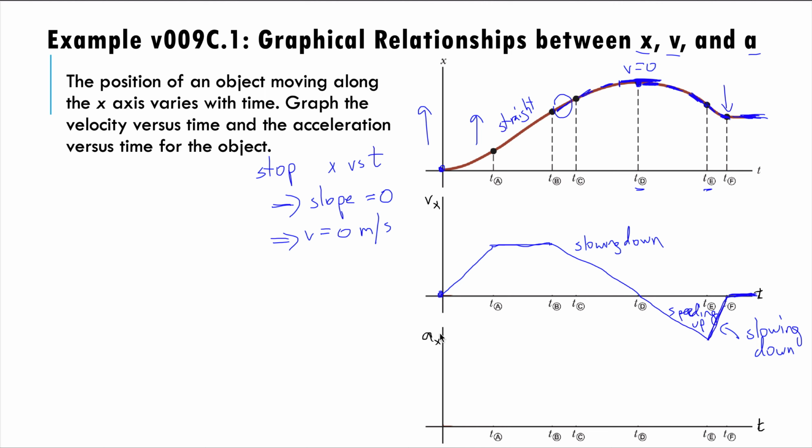All right, let's look at now what the acceleration versus t graph is going to look like. So we know that the slope of a line tangent to any point on a v versus t graph is going to give us the acceleration. So let's analyze these straight lines here. For the first segment, the slope of this line is positive. That means we have a positive acceleration.